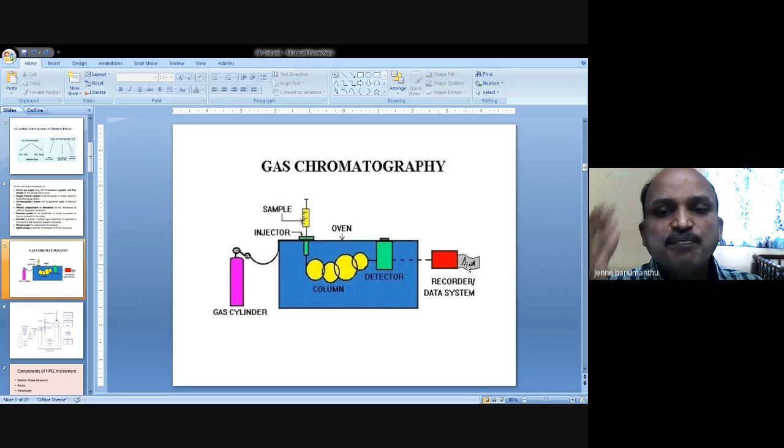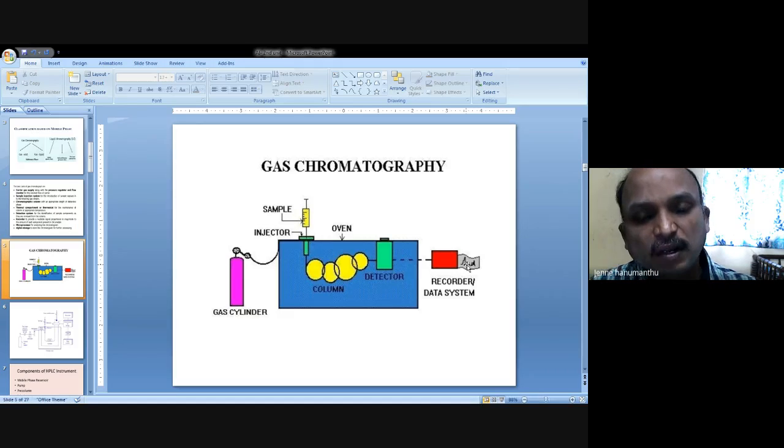Each component is represented by a line on the graph. The line shows the concentration. If the line has high amplitude, a high peak, that means high concentration. Or the line having some area, that area also refers to concentration. So like this, we can separate the components with gas chromatography.